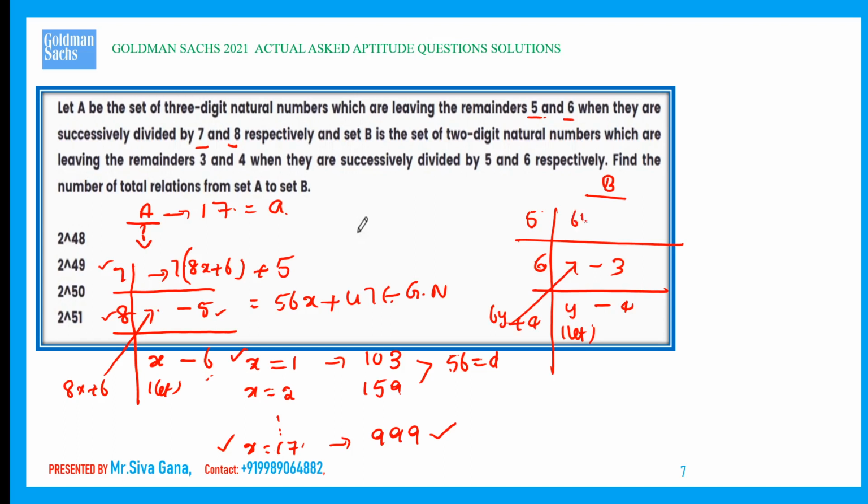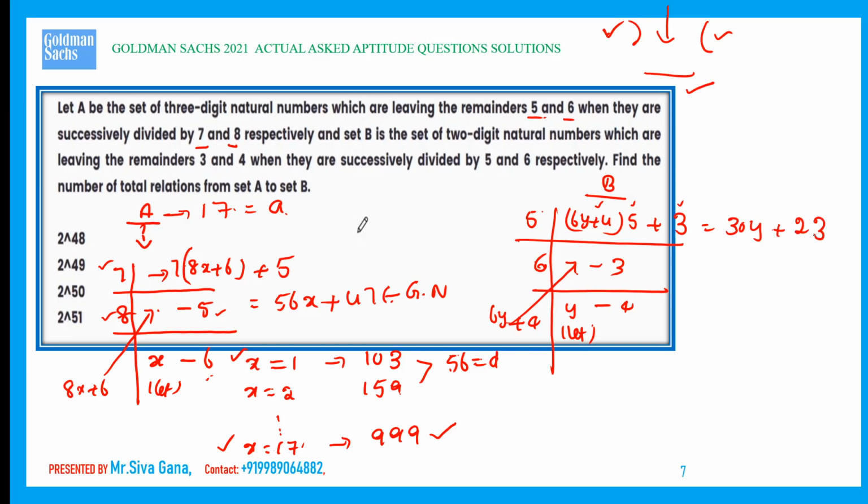Now the number is 6y plus 4 multiplied by 5, plus the remainder 3. This number is nothing but divisor into coefficient plus remainder. This is what I have written here every time. 6 5s are 30, 30y plus 20 plus 3, which is 23.